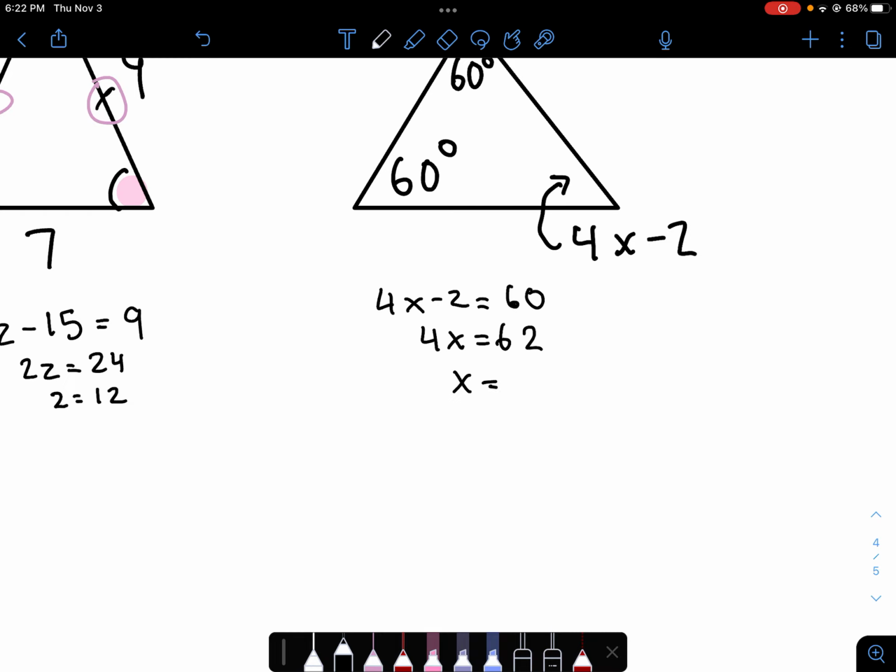X equals some funky number that we don't want to talk about. It comes out to 15.5. I don't like fractions, but here we are.